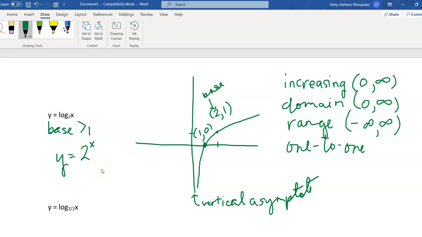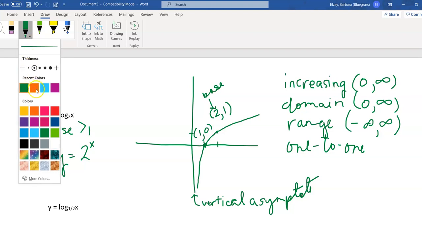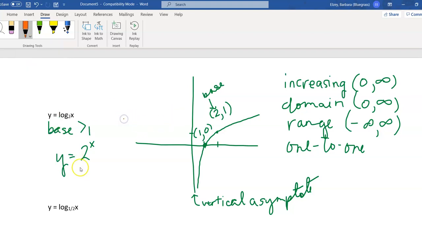And let's draw 2 to the x. Let's just recall from earlier when we were doing the exponential graphs, 2 to the x will always go through 0, 1, and it will go through 1 and its base, 1, 2. 1, 2 would be right there. And remember that it is an increasing graph that looks like this.